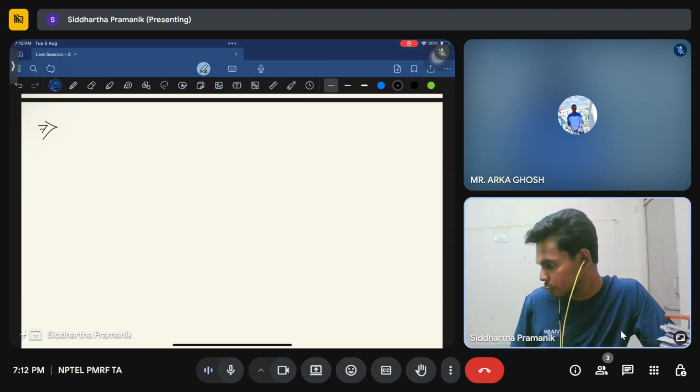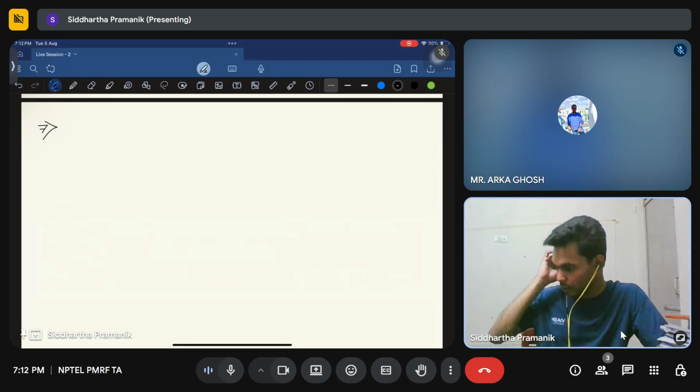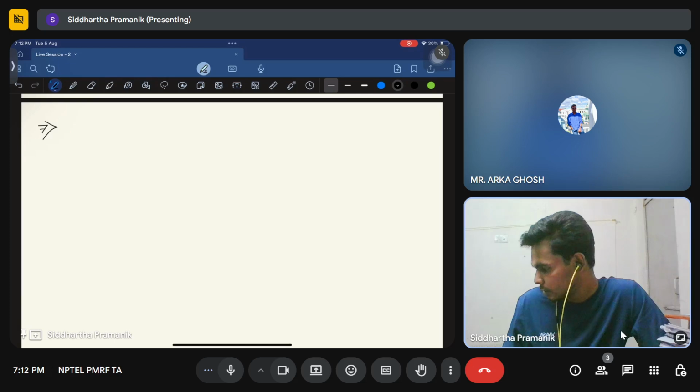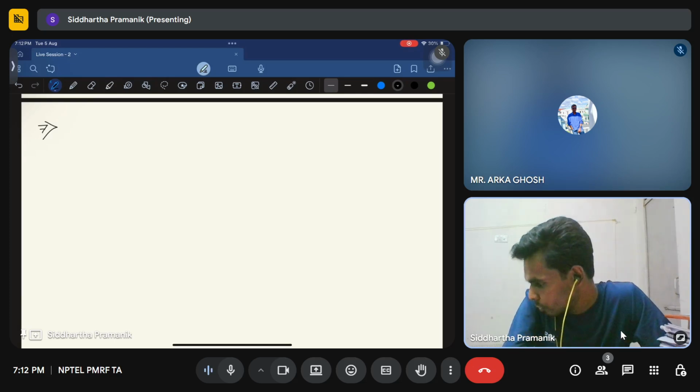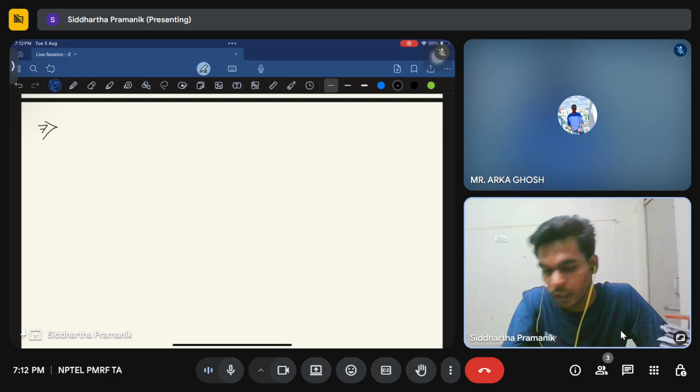Okay, so let's do one more problem from the practice problems. It is about finding the initial terms of some polynomials with respect to the graded reverse lexicographic order.